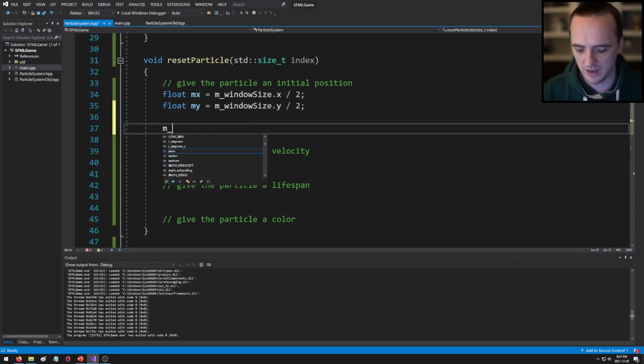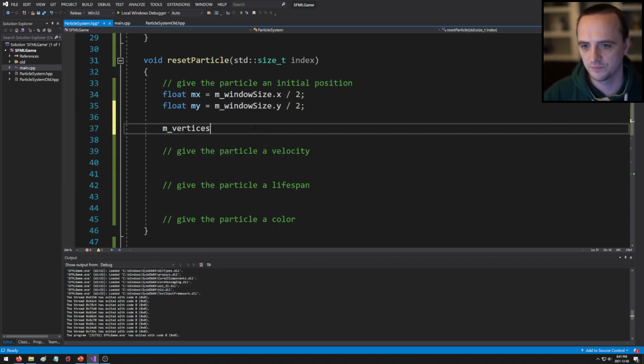So I will say m vertices, that's my vertex array. The first vertex in that array associated with this particle is going to be 4 times index plus 0. I'm just putting in the plus 0 there to show that it's the 0th vertex. And that's going to be sf::Vector2f of mx and my, right?